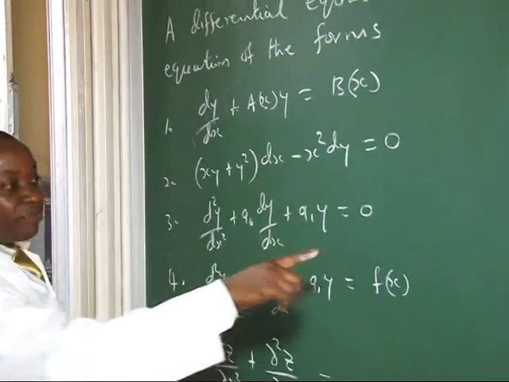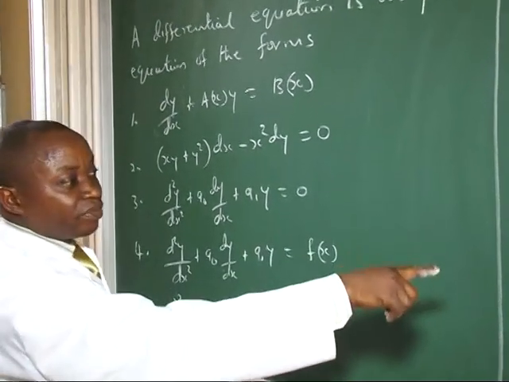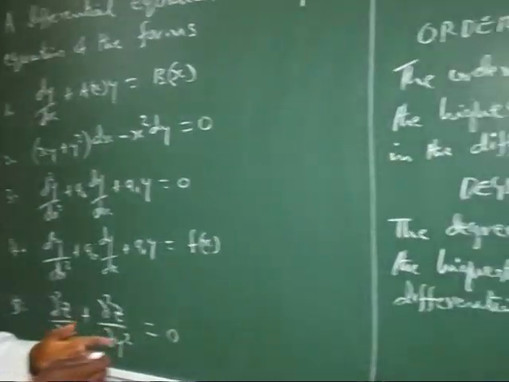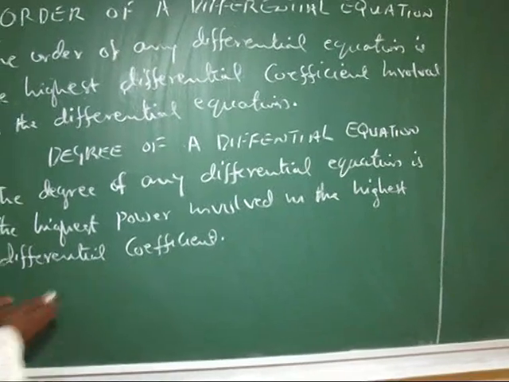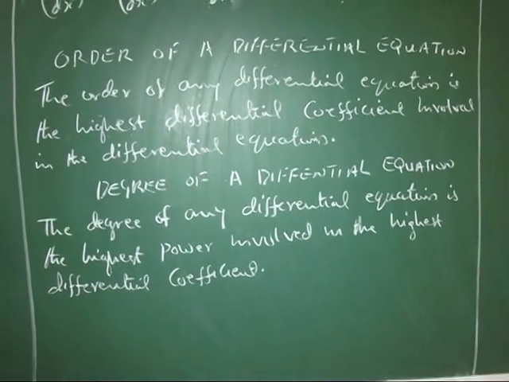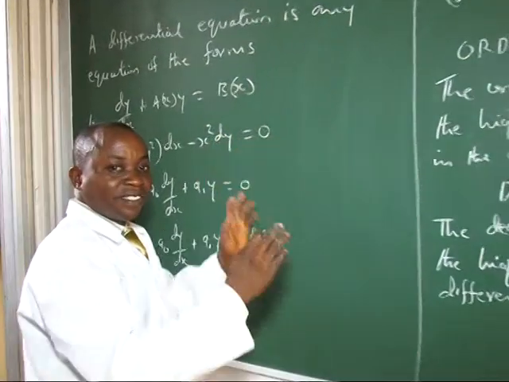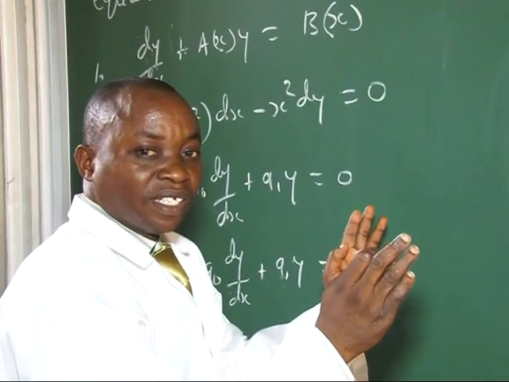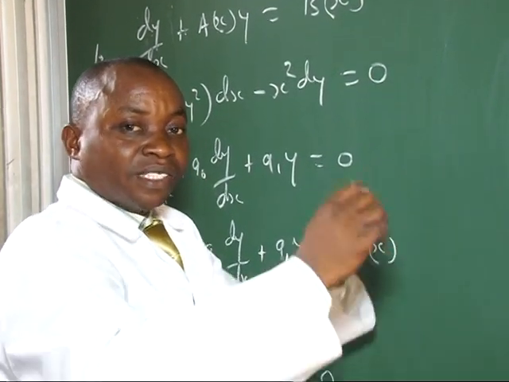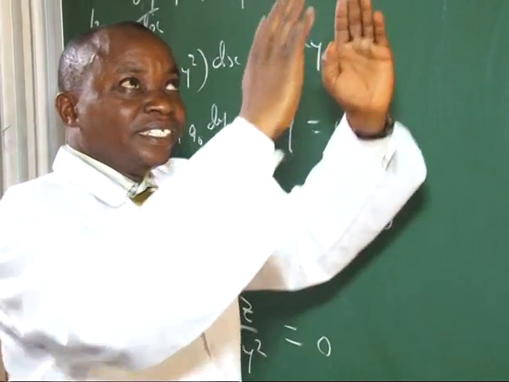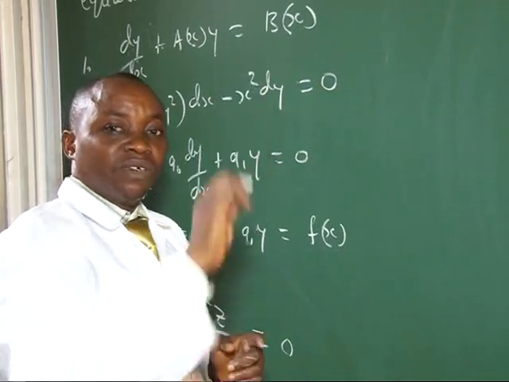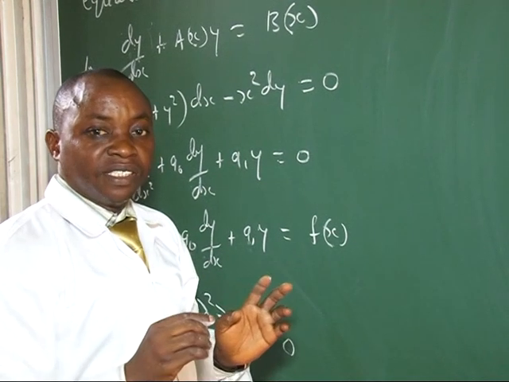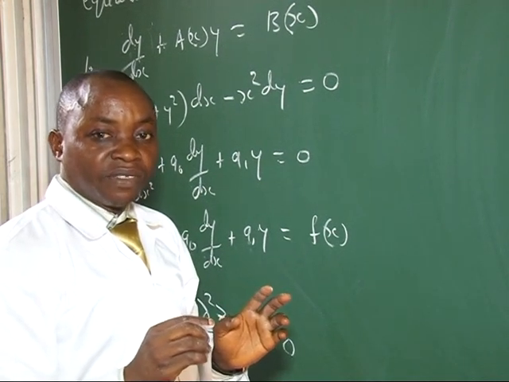So when we are defining the degree, we say that the degree of any differential equation is the highest power involved in the highest differential coefficients. So even though there is another power that is higher than what is in the differential coefficients, that is not the degree. It is only what is in the differential coefficients. What the highest differential coefficient is raised to is the degree of any differential equation.